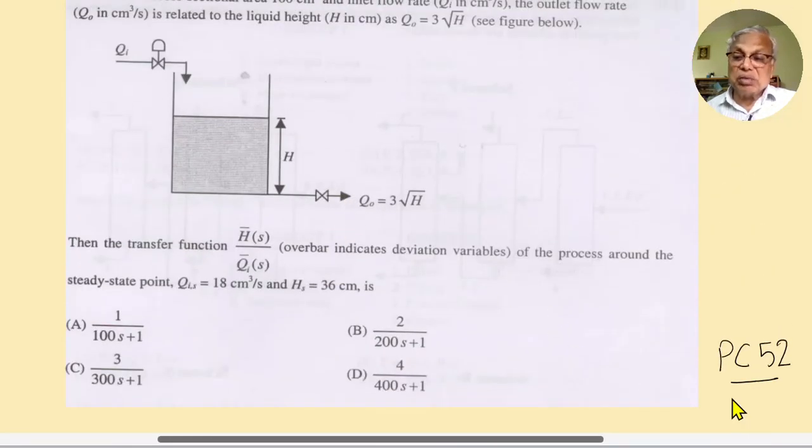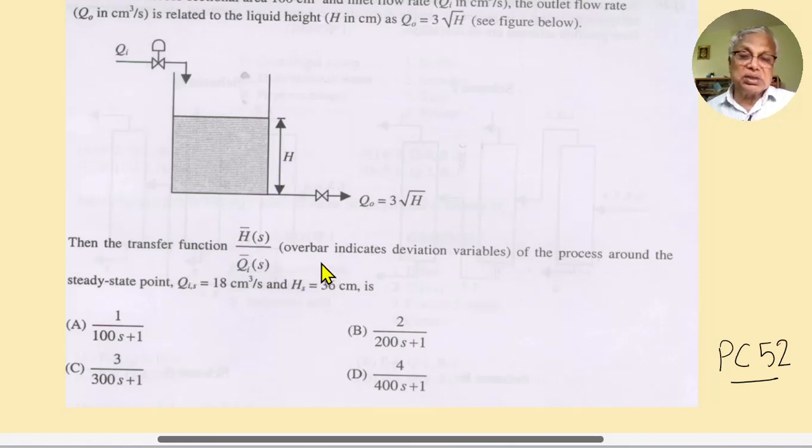In my lecture PC52, the capital letters, uppercase, directly represent the deviation variables. Here, the capital letters alone do not represent the deviation variables. The capital letters here are the actual variables.